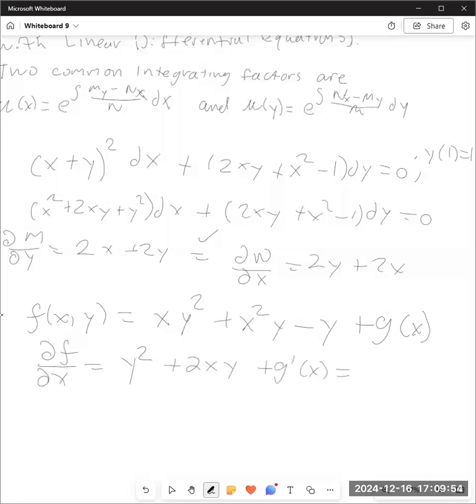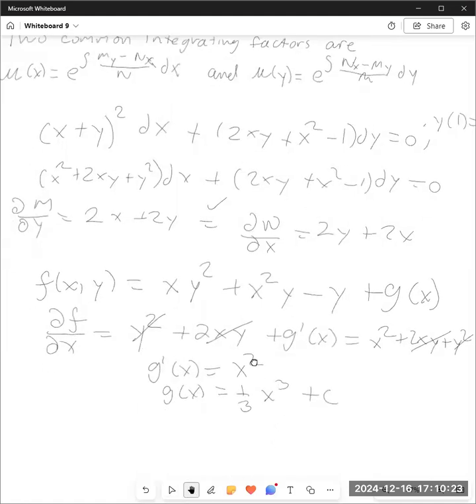And I'm going to set that equal to x squared plus 2xy plus y squared. So the y squared term will zero out, and the 2xy will zero out. My g prime of x therefore needs to be equal to x squared. So g of x is equal to 1/3 x cubed plus c.